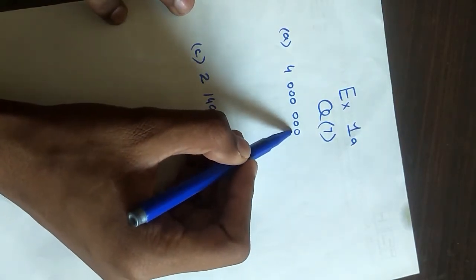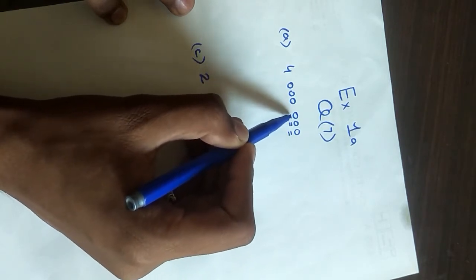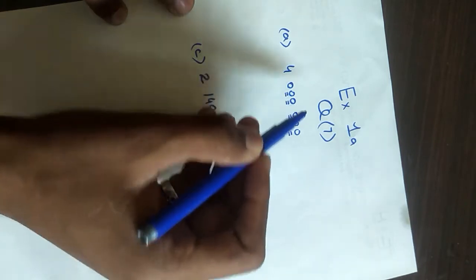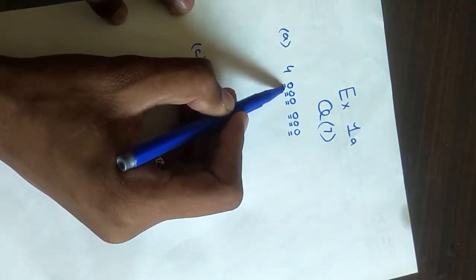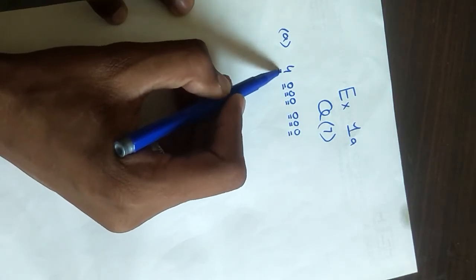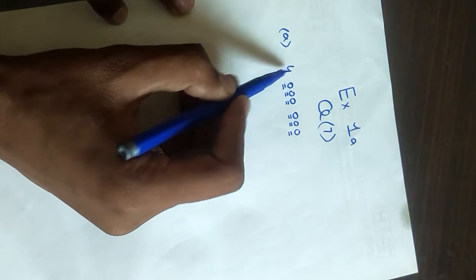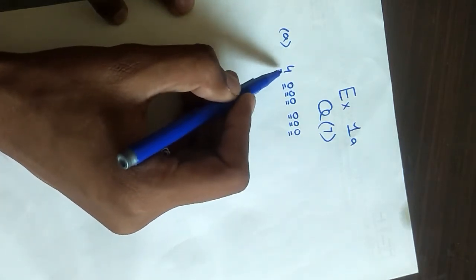Read in the International System of Numbers. Start reading: first is units, tens, hundreds, thousands, 10,000s, then hundred thousands, and million. Here the 4 is counting millions.